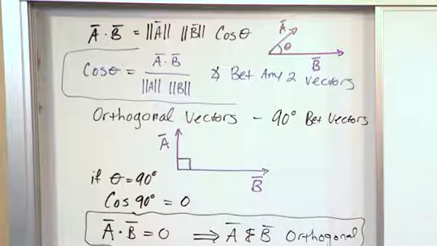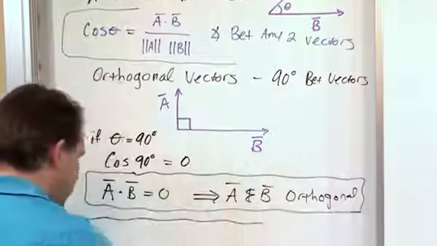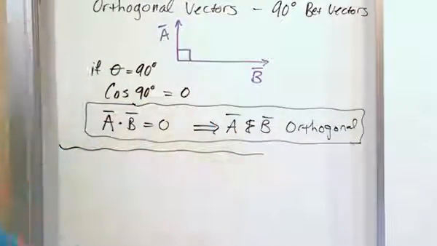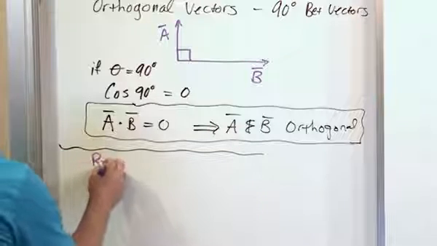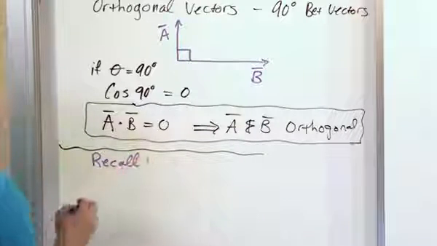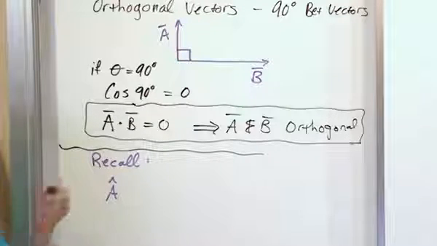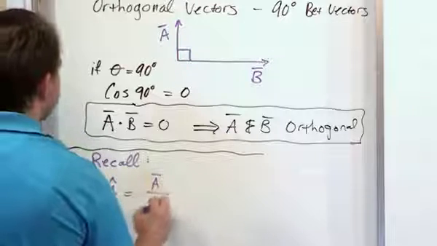All right. Now also, I want you to remember, I'll draw another little line here, or recall, I should say, from a couple of sections ago, that we can define a unit vector in the direction of vector A. And all we're going to do is take that vector and divide by its magnitude.